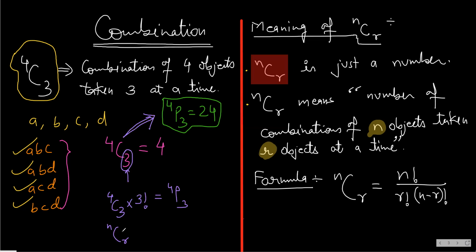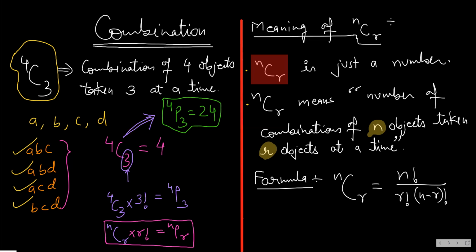Each time r objects will be arranged in r factorial ways amongst themselves. You are taking r objects and arranging them. So this will become nPr. So remember, nCr into r factorial is nPr.